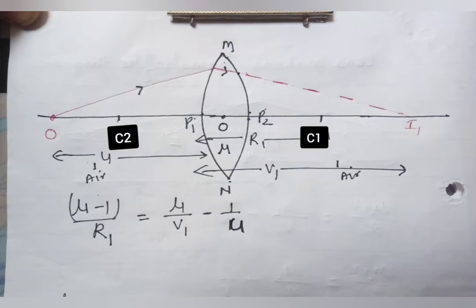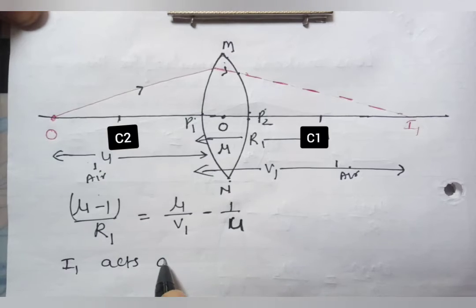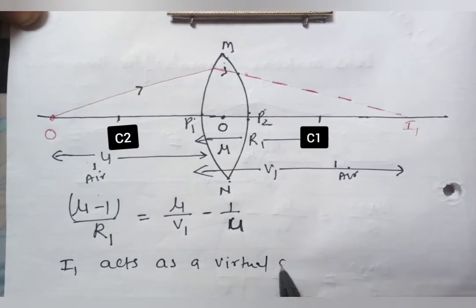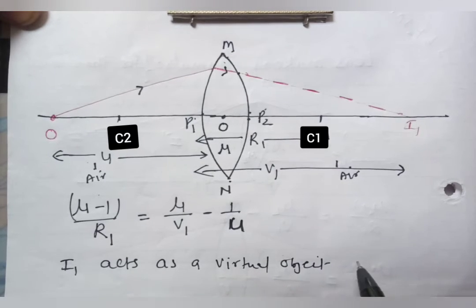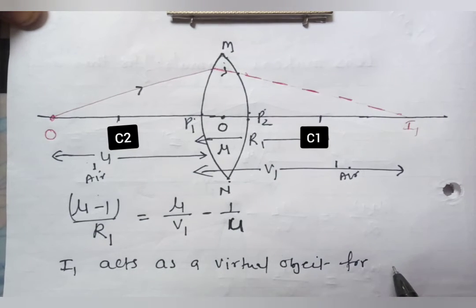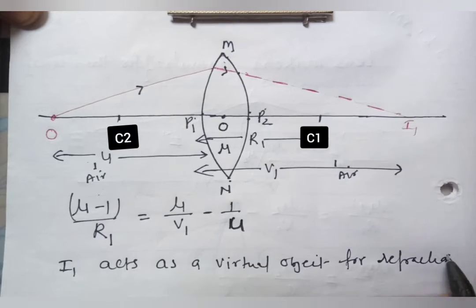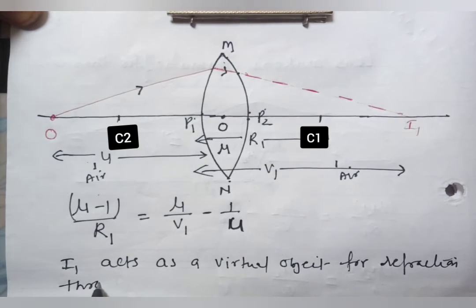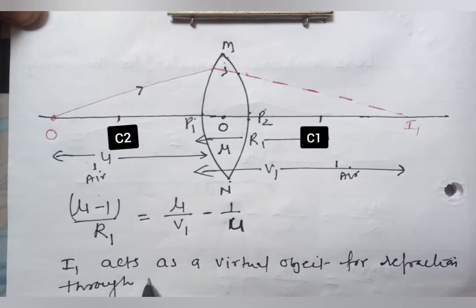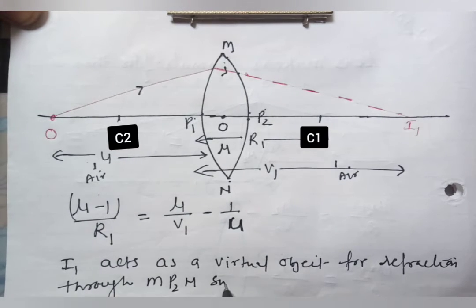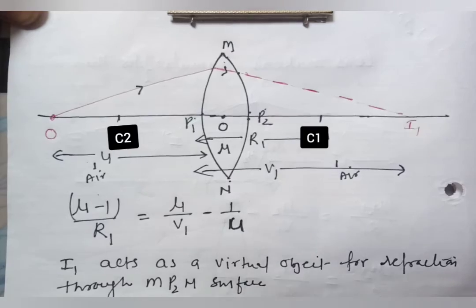For this purpose I1 acts as a virtual object for refraction through the MP2N surface.